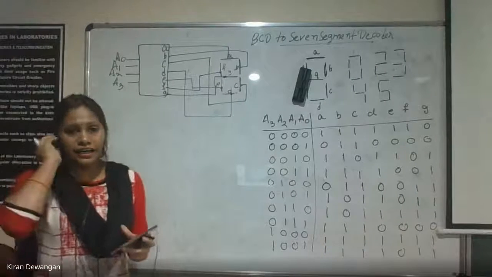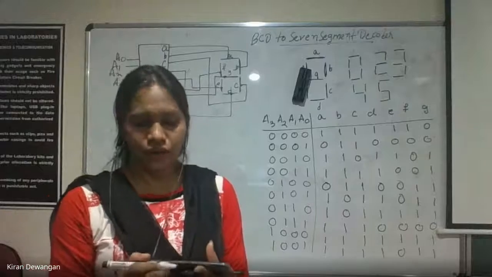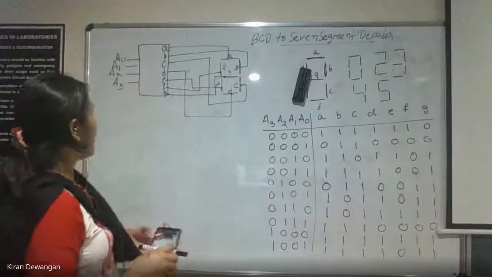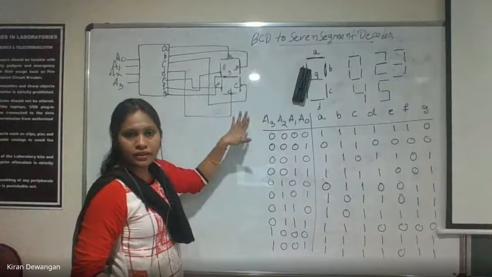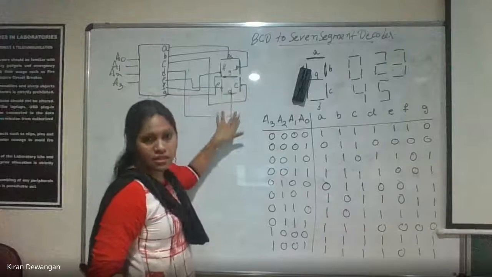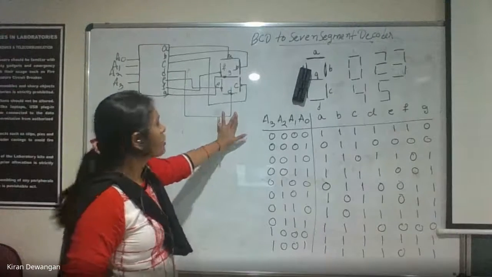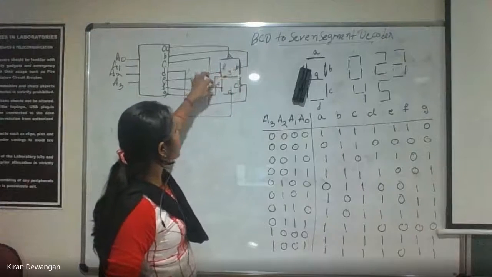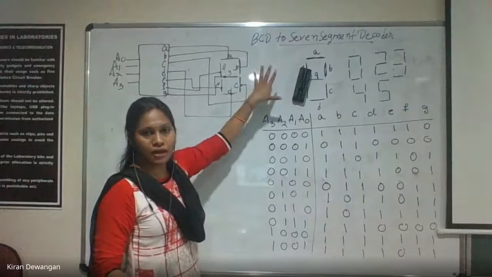Okay. Are the connections clear? This is how the design of BCD to 7 segment will look like. At these outputs, the segments will be connected and the segments will be placed so that it looks like a 7 segment display. मतलब A की position ये होगी, B, C, D, E, F, G. All the positions should be in this manner.